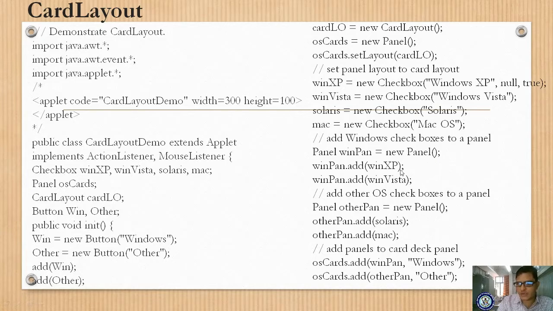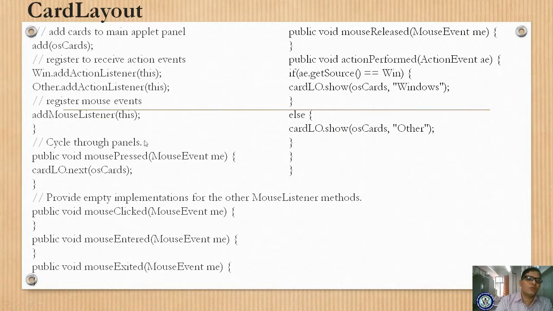It consists of your Windows XP and Windows Vista checkboxes. And in the card layout you are adding another panel, and the name of the panel is Other. Got it? So you are adding this panel to this card layout with the name Other. Now when you are adding osCards, you are adding the panel Windows and the panel Other.